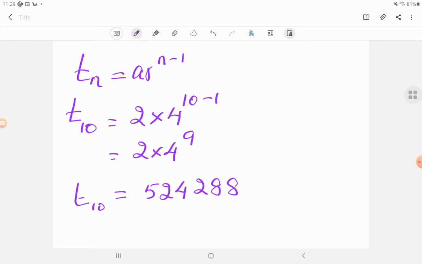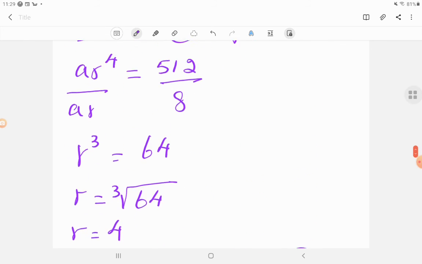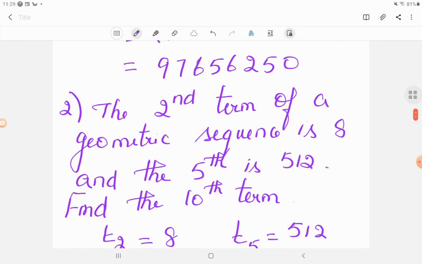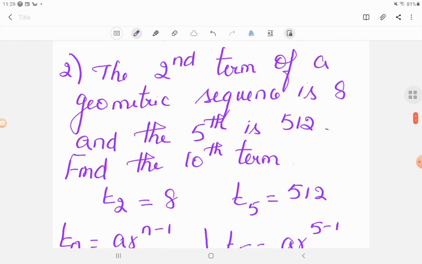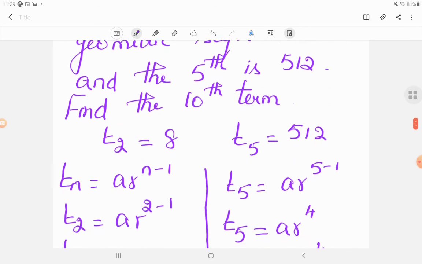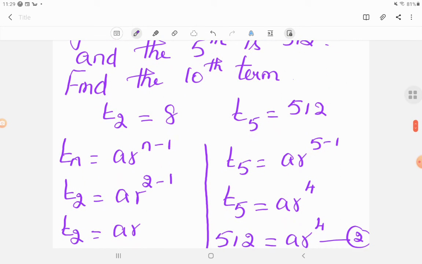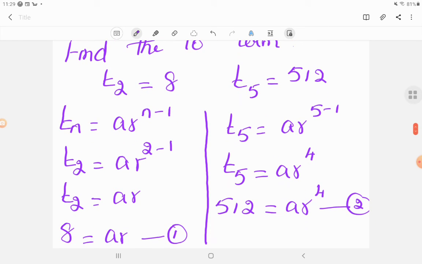So let's do a quick review of this example. The second term of a geometric sequence is given and the fifth term is given. Second term is 8, fifth term is 512. When it comes to a geometric sequence, use the general formula to form two equations. Using the formula Tn is equal to ar to the power of n minus 1, sub in the value of n.